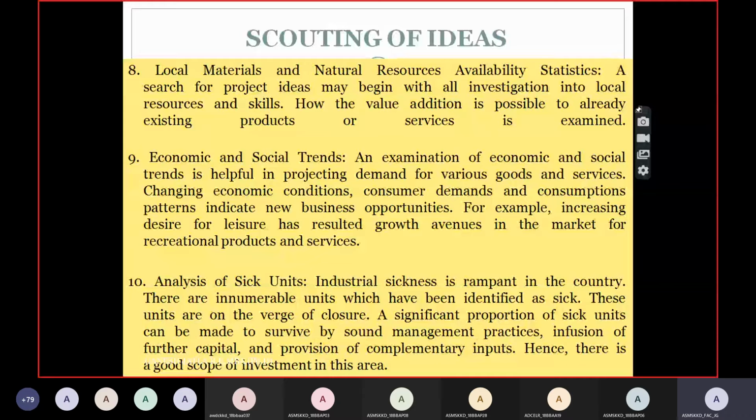It leads to a business in recreational products and services, like recreational clubs in the outskirts of cities. In most cities they have Wonderla or other places with recreational clubs. Why? Because people are getting enough leisure time, since they work only 5 days and 2 days are leisure, and they would like to get stress boosters.